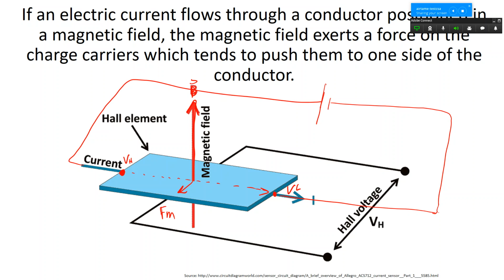If it was just a wire there, then the wire might move a little bit. But in this case, it's the charges inside the wire that are really important, and so the charges inside the wire are going to feel a force. So instead of the current going in a straight line, you're going to have a current doing this.